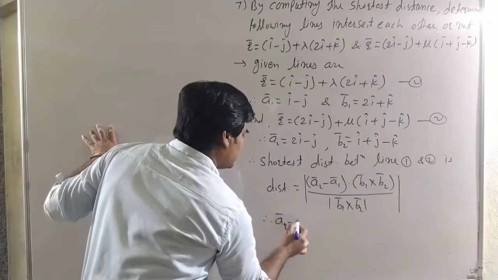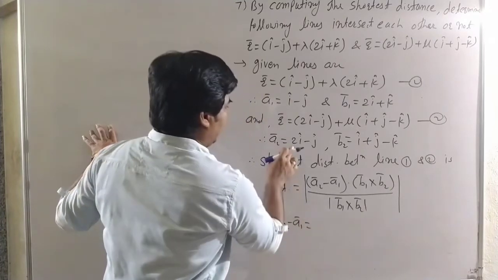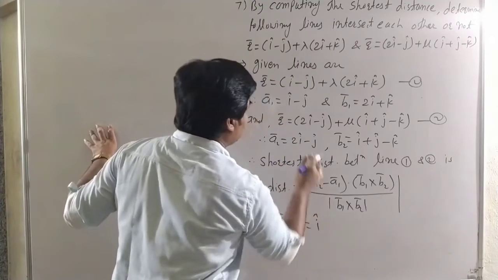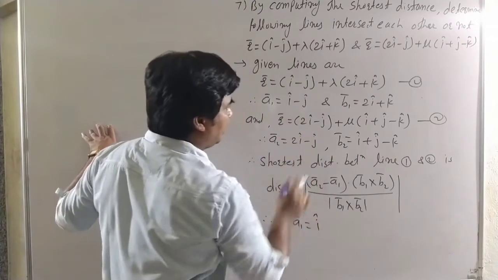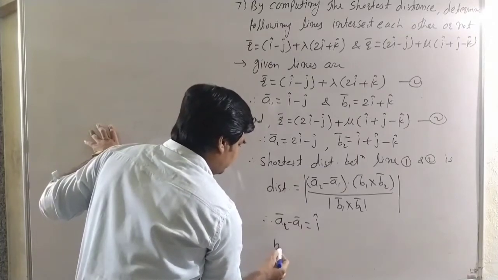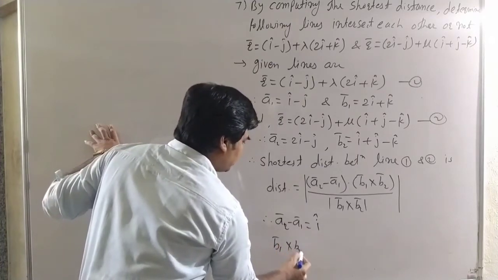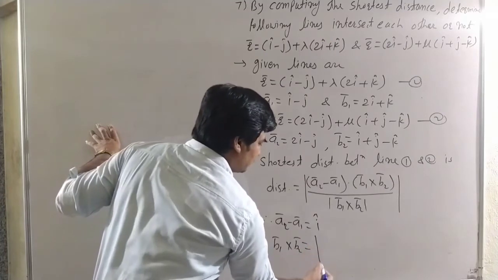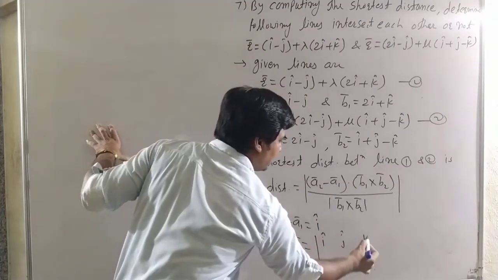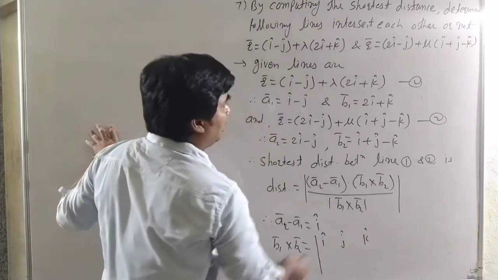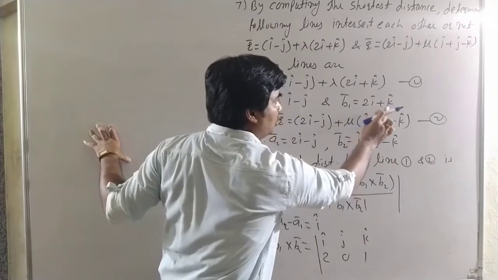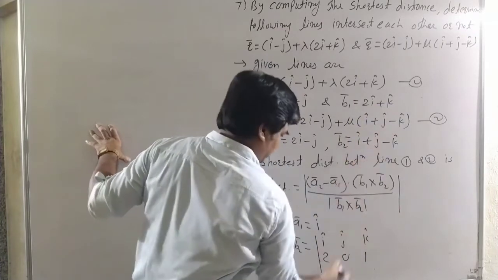Therefore a2 bar minus a1 bar is 2i minus i, which is i cap; j and minus j cancel, and there is no k. Now b1 bar cross b2 bar is the determinant with rows i cap, j cap, k cap; 2, 0, 1; 1, 1, minus 1.